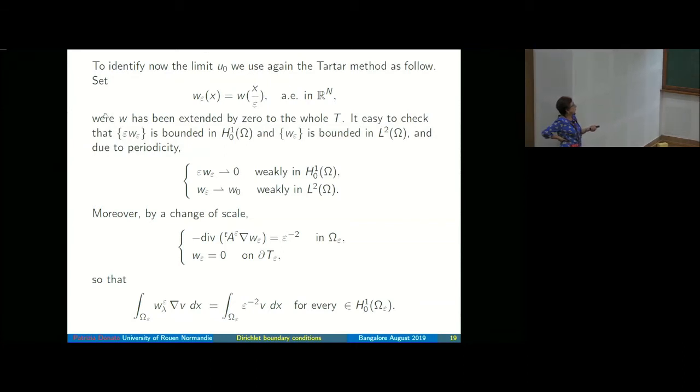So we have the equation: gradient w epsilon, gradient v equals epsilon minus 2 times the integral of v dx.